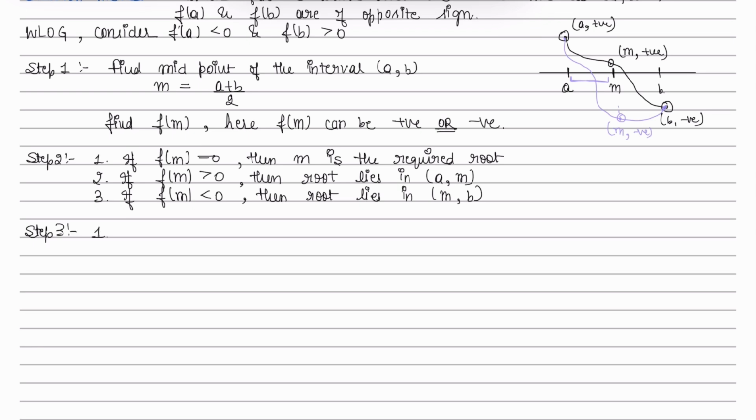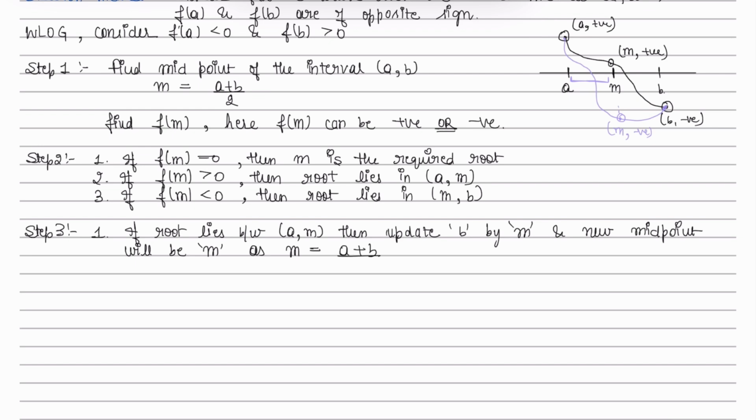In the next step, if the root lies between the interval a comma m, then update b by m and the new midpoint will be m, as m is equal to a plus b by 2.